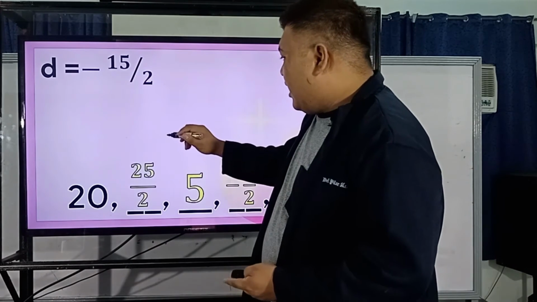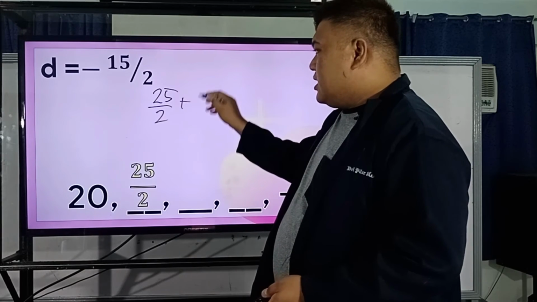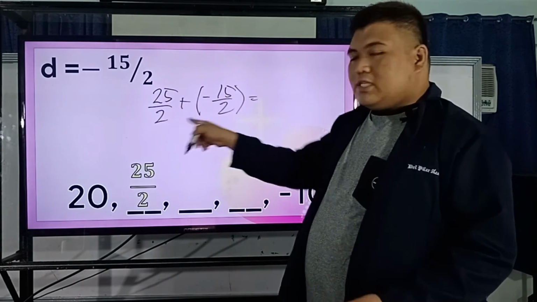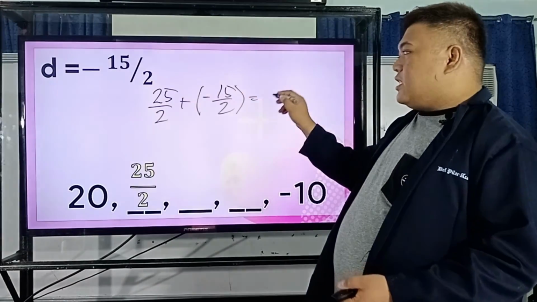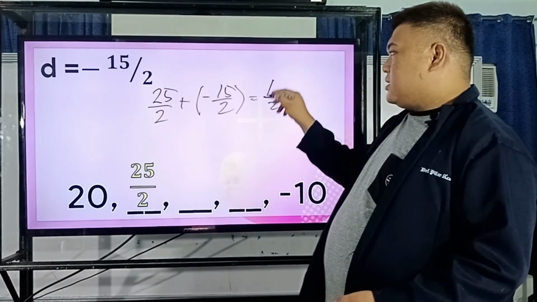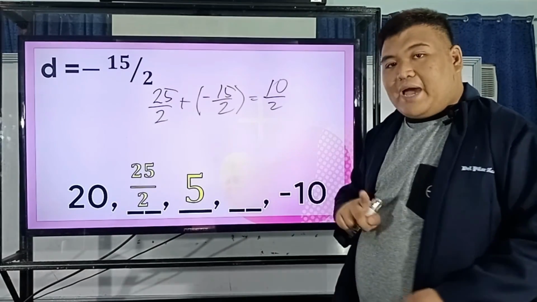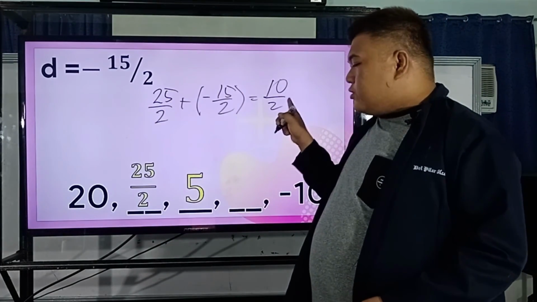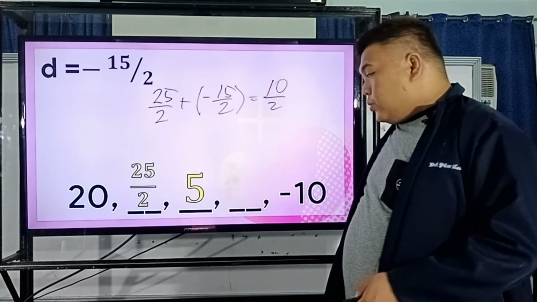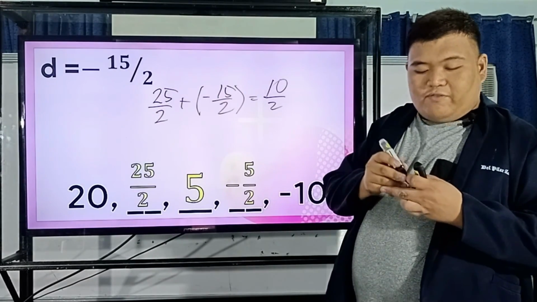We have 25 over 2 plus negative 15 over 2. So since both are 2 naman na denominator, so copy na lang natin yon. 25 plus negative 15 is positive 10, and 10 divided by 2 is 5. Kaya siya naging 5. Next, 10 over 2 na lang or 5, either will do. 5 plus negative 15 over 2 will give us negative 5 over 2.